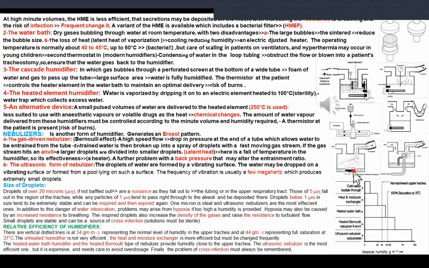The second one is the ultrasonic. Ultrasonic is made of, as we can see, a vibrating surface. This vibrating surface either is dipped in a fluid, or you can drop water on top of it. It vibrates at a frequency of a few megahertz. Of course, it's very speedy.